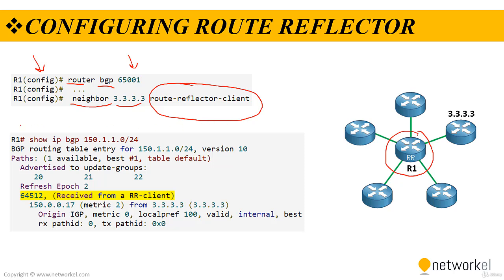On router 1, if you type show ip bgp for this particular network, you can see whether it is received from a route reflector client or not. In this scenario, this route is received from a route reflector client, and that is 3.3.3.3.